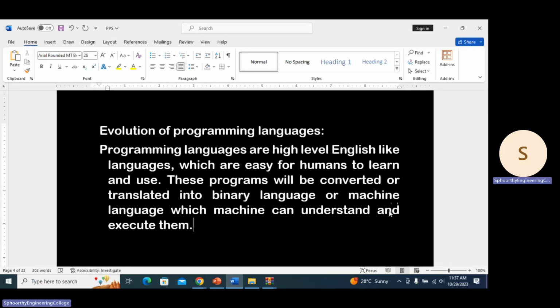And the next topic is programming paradigms, right? Programming paradigms are nothing but the programming concepts or ideas based on which a lot of programming languages were developed.